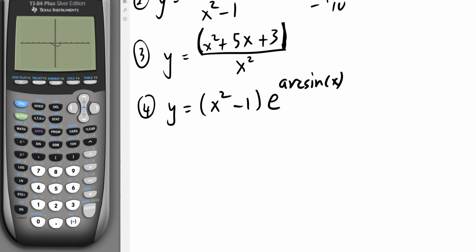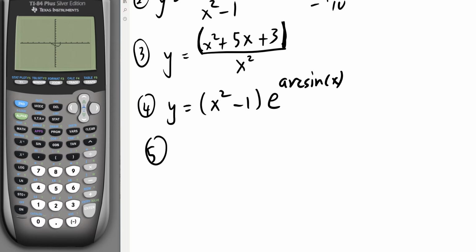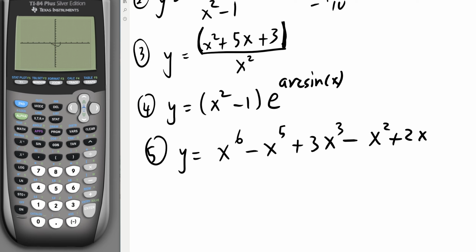What about other functions? Can we look at graphing y equals x to the 6 minus x to the 5th plus 3x to the 3rd minus x squared plus 2x plus 5? So how do we graph a function like this? We go y equals, clear this up, and then we go x, raise it, this is the one right above the division sign, to the 6th power.